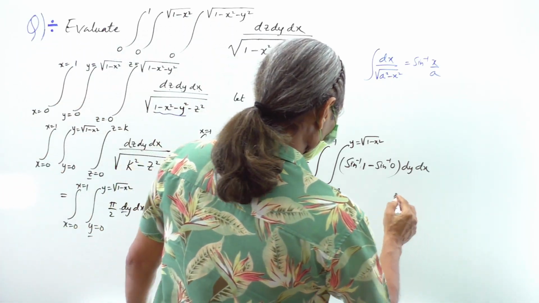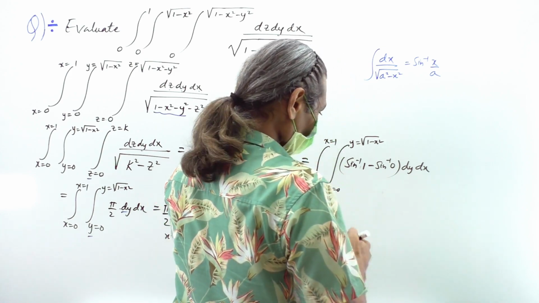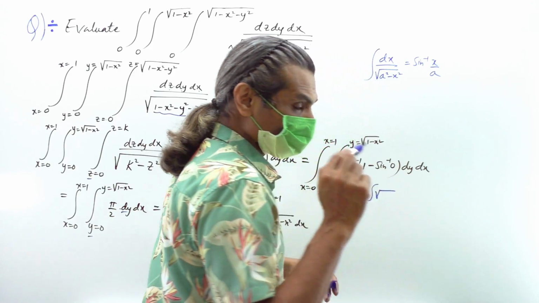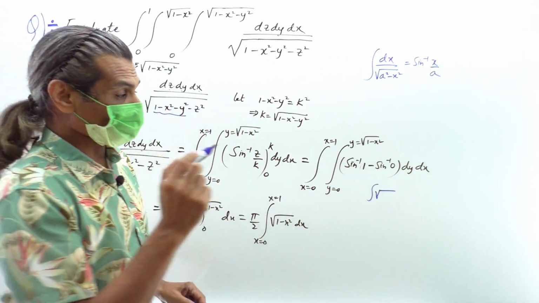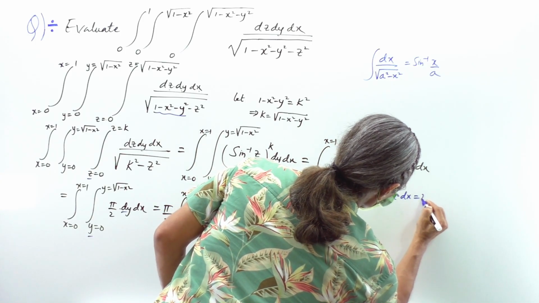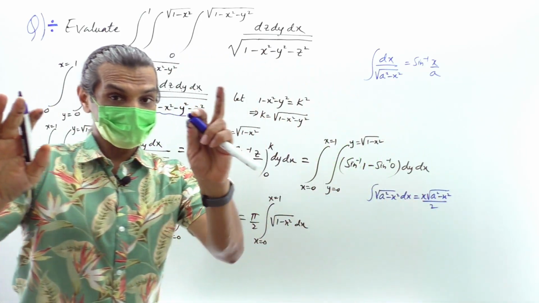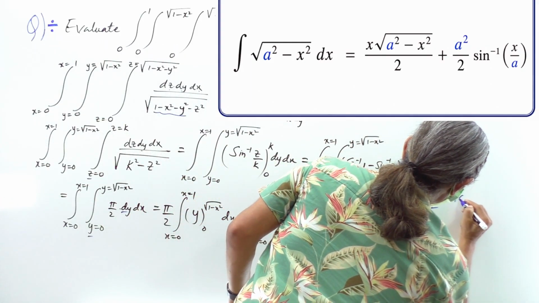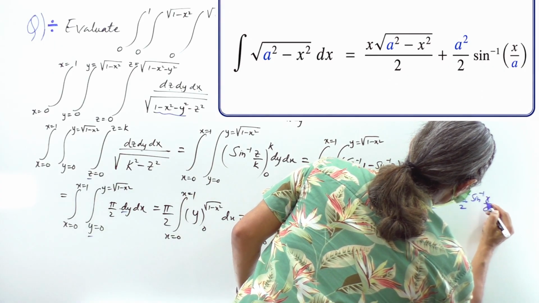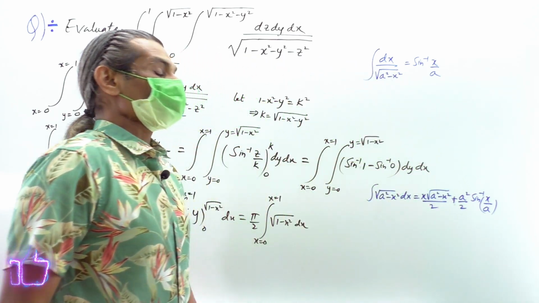So I write it here for you: integration of root of a square minus x square dx will be x root of a square minus x square over 2, plus a square by 2 sin inverse x by a. This is the formula which you need to compulsorily memorize.